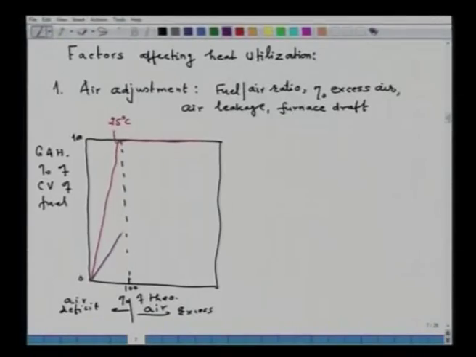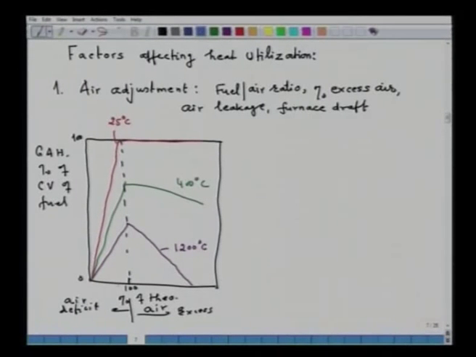Now, for example, if we take a process critical temperature of 1200 degrees Celsius, this one, and again the gross available heat will drop rapidly. So, this is for the process critical temperature 1200 degrees Celsius. Now, if I take a process critical temperature of 400 degrees Celsius, then it will go something like this.